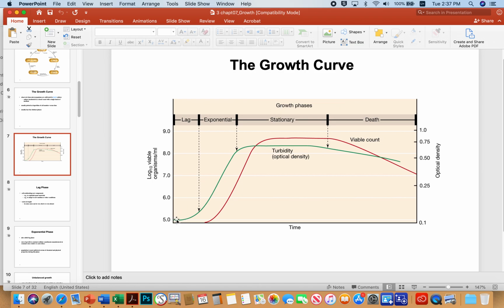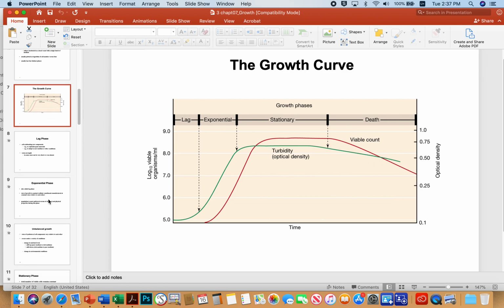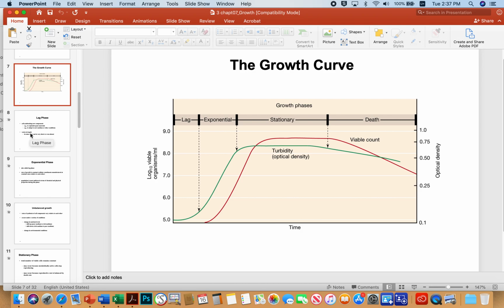The first is the lag phase. The second is exponential phase. The third is stationary phase, where the growth doesn't really increase or decrease, and then a death phase where there's a slight decline. Each of the next slides covers a bit more detail on the phases.